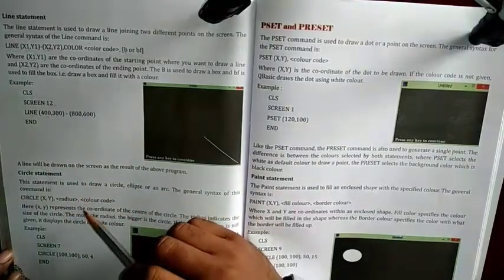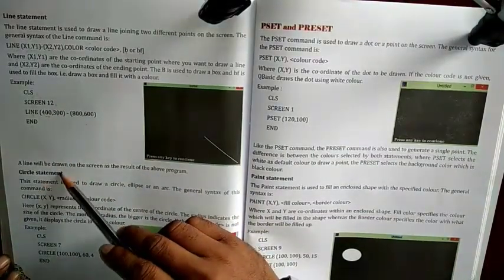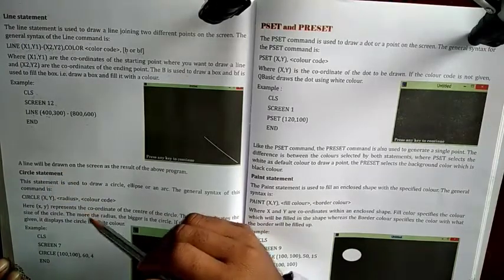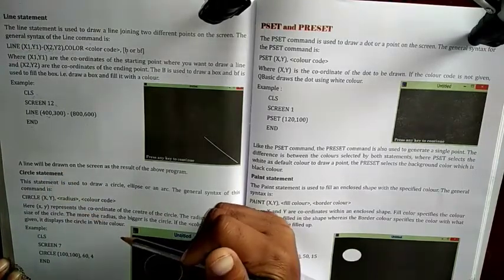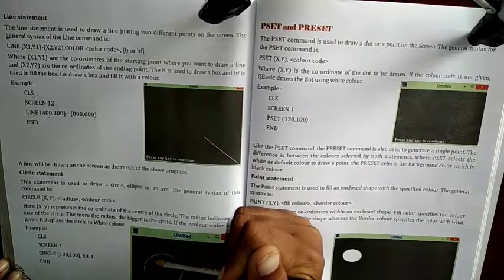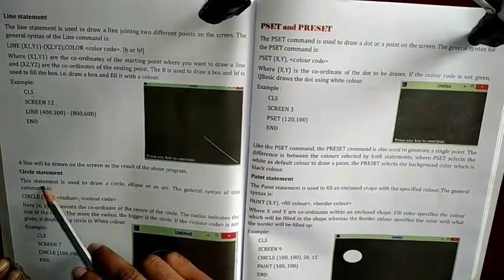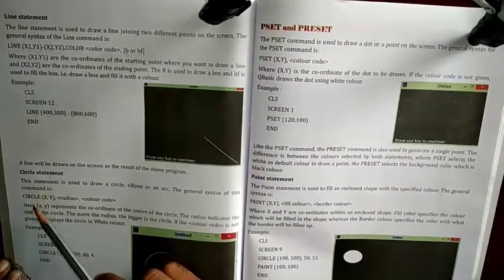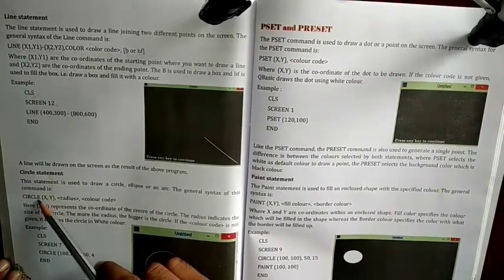The next statement is the circle statement. With the help of the circle statement, you can draw any circle, ellipse, or arc in a QBasic window. So how can you use the circle statement in QBasic? First we will see the syntax.